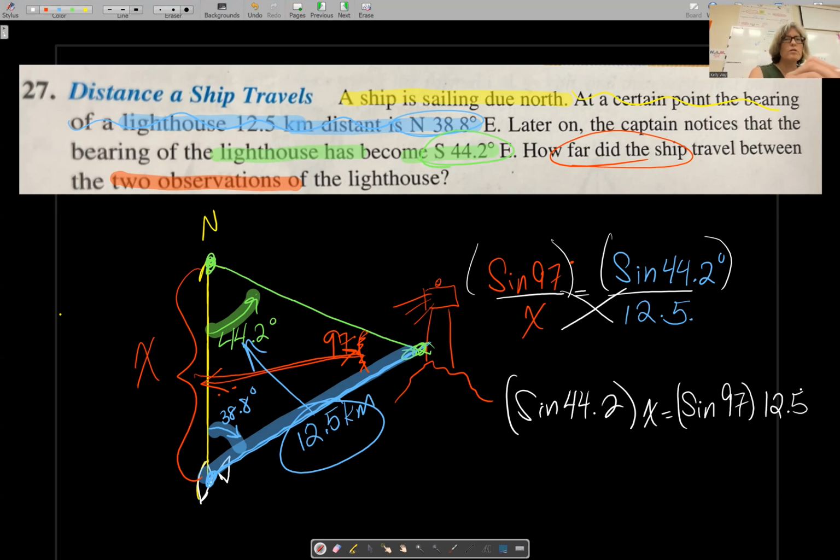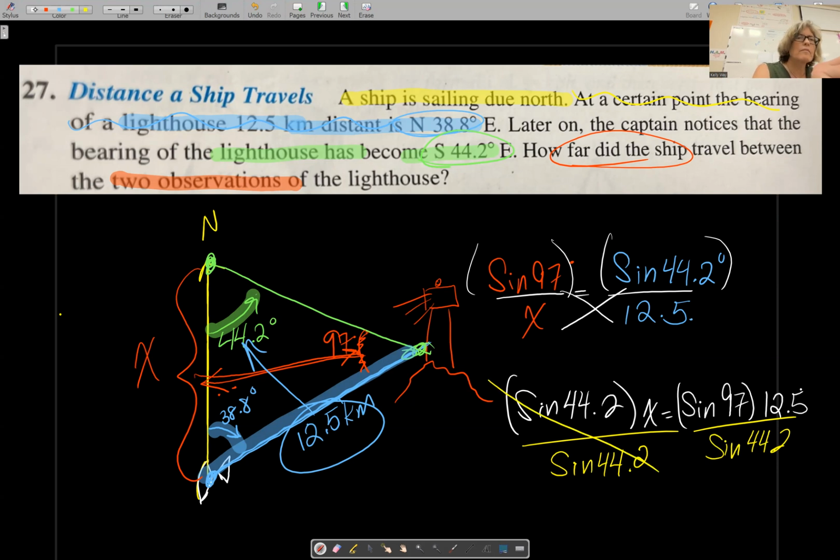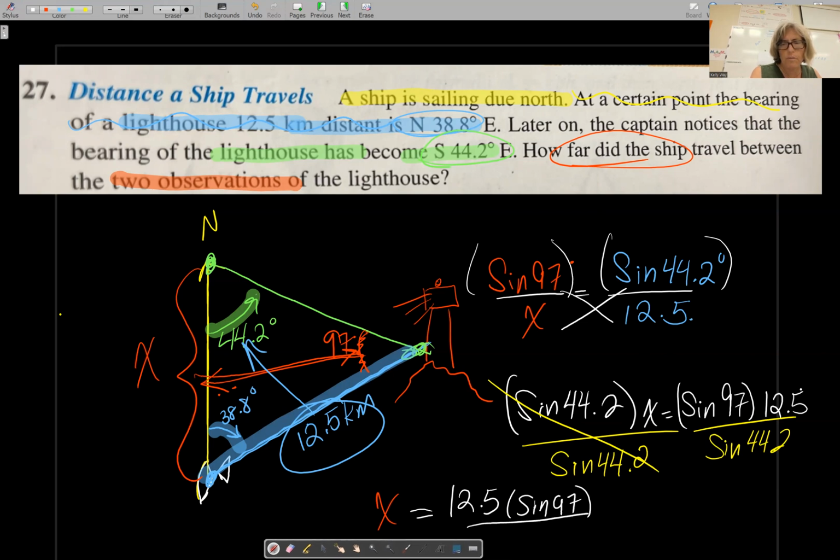Okay, x is not by itself yet. One more step. So to solve for our unknown x, it's going to be 12.5 times the sine of 97 degrees over the sine of 44.2.